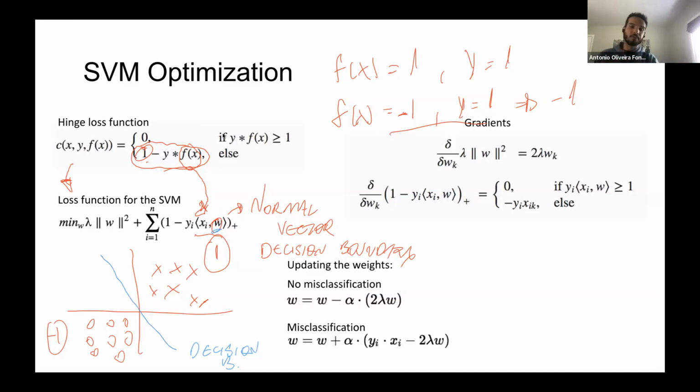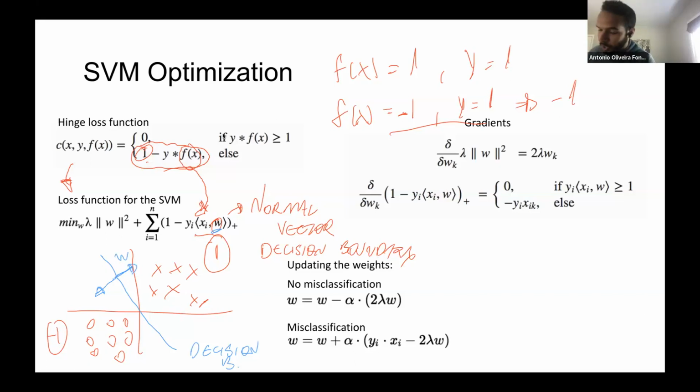The normal vector is a vector that points 90 degrees with respect to the hyperplane. So it's in this position here. That's W, okay? The normal vector could be in any direction. It could also be pointing in this direction if you want. So that's just talking about the direction, okay?